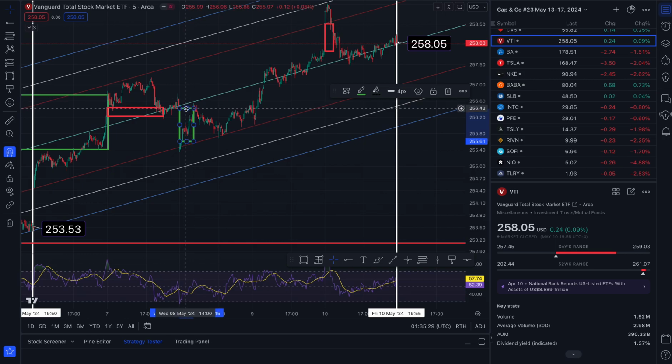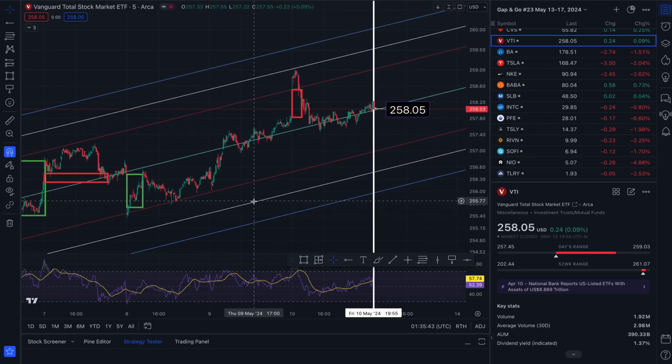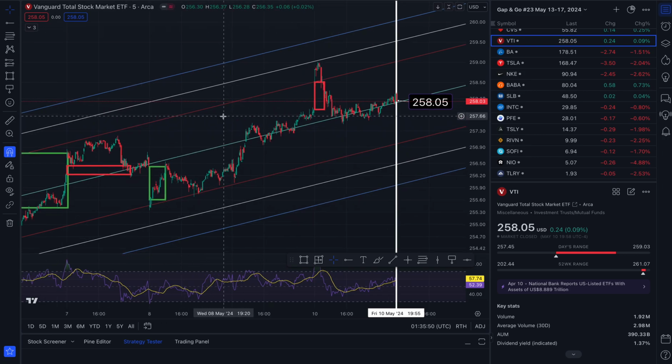I knew intuitively it would close here at 256.39-ish, and that's resistance from here and the middle of the trend. So the probability, the likelihood of it hitting was great, and it did. That is the power of the gap and then the lines on the linear regression.